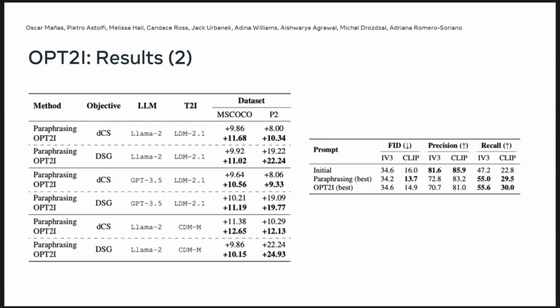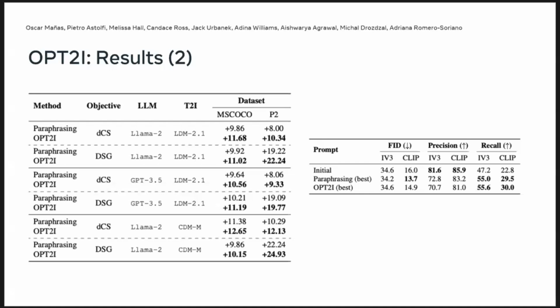Here we are capturing diversity and quality through the FID score, and we're also disentangling quality and diversity through precision and recall, where precision would be a proxy measure for image quality or image realism, and recall would be a proxy measure for representation diversity.